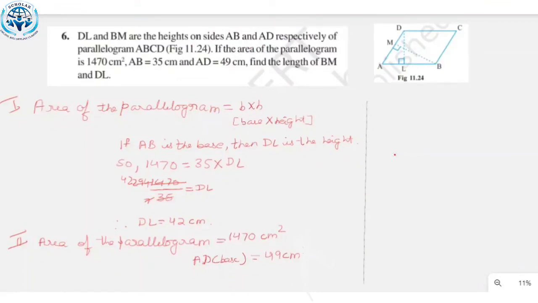The length of BM, that means the height of the parallelogram, will be 1470 upon 49, is equal to 30 centimeter.